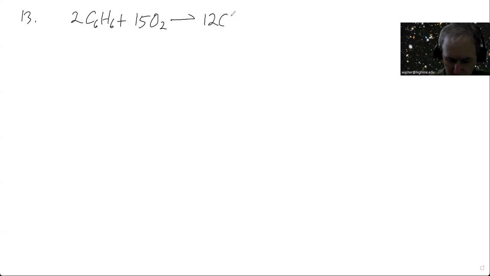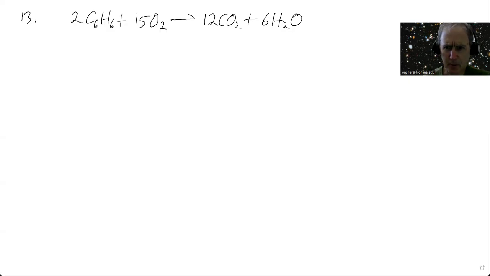The reaction I'm working with for problem 13 is 2 benzene, which is C6H6, plus 15 oxygen molecules goes to 12 CO2 plus 6H2O. And this is the balanced chemical equation.